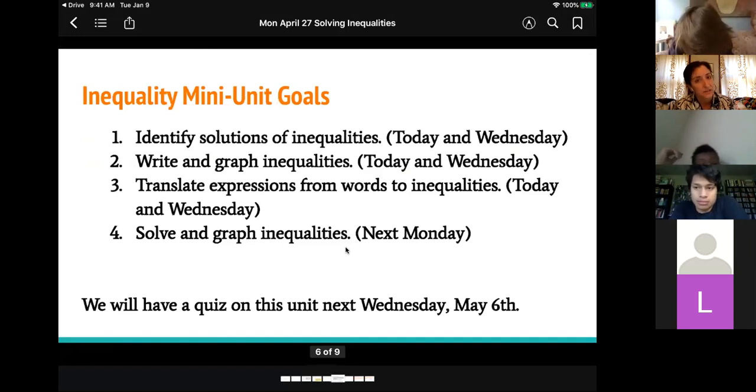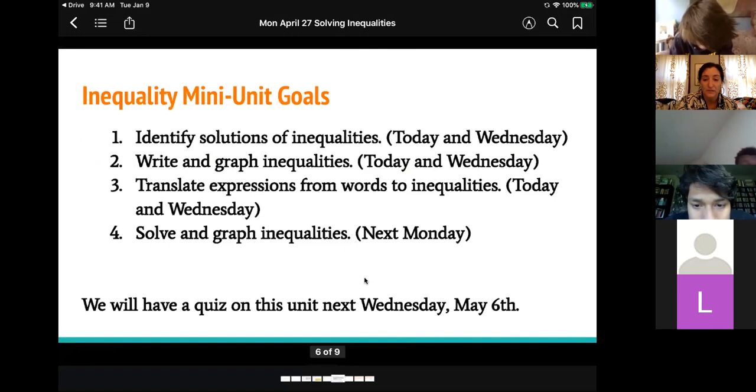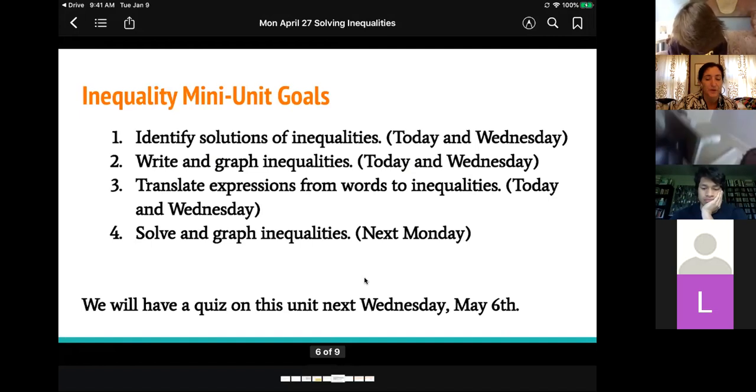We're going to do some translation from words to inequality. And we are also going to do some solving and some graphing. That's what we're going to do next week. We will have a quiz on this unit next Wednesday. So a week from Wednesday will be our last quiz type of thing. And then the week after that will be a project. So quiz next Wednesday.